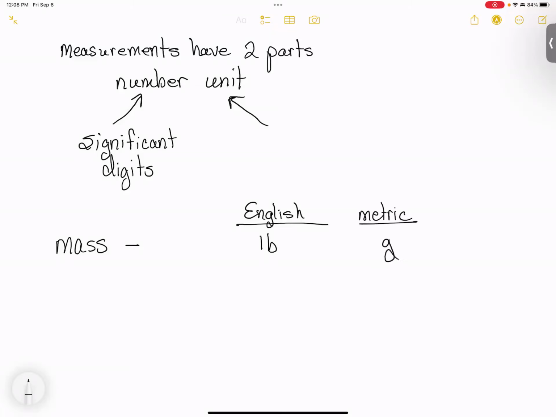And the metric unit for mass is grams, represented with a lowercase g. There is also the System International, or SI unit. And the SI unit is actually kilograms.